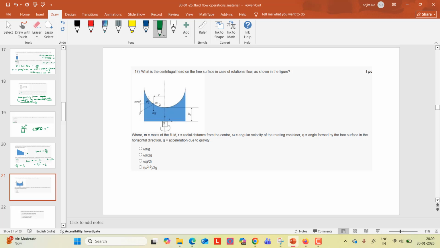What is the centrifugal head on the free surface in case of the rotational flow as shown in the figure?